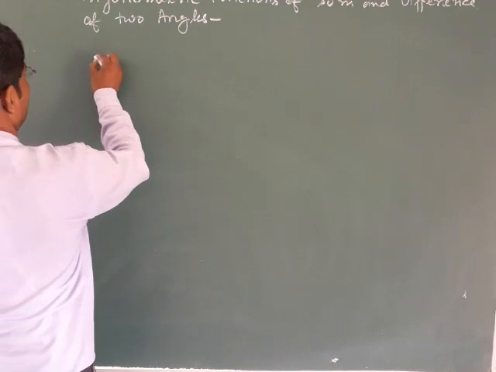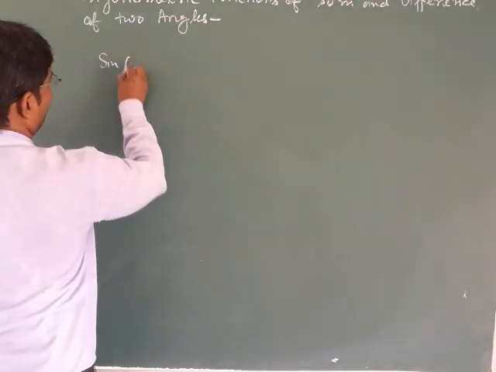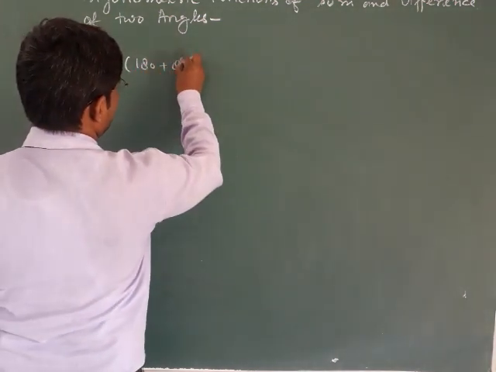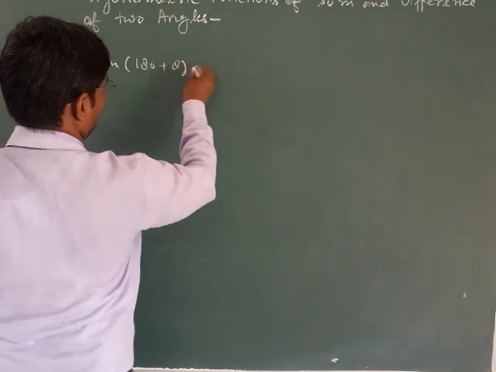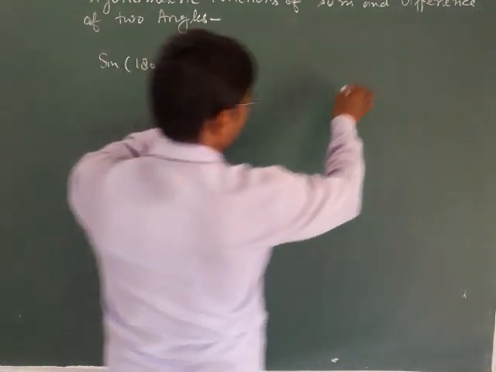So this is sine ratio, sine of 180 plus theta. 180 plus theta means 90 plus 90, that is 180, plus theta.